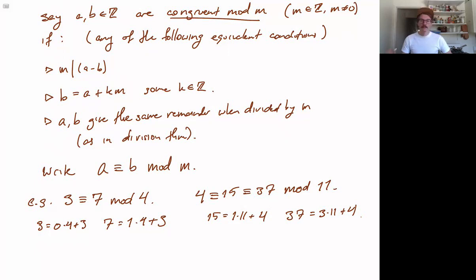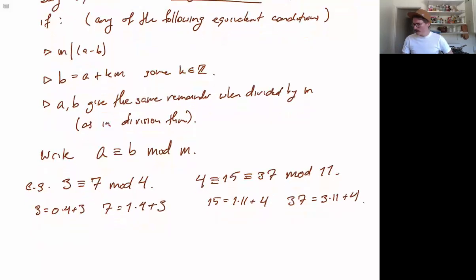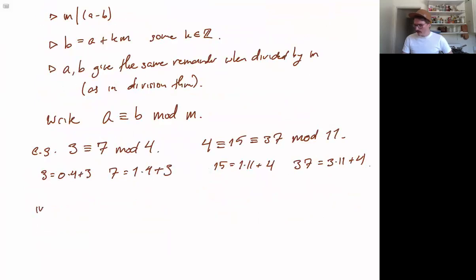So that's actually an important example that I want to point out. In the division theorem, which of course is very much coming from this third way of saying the definition, we have an equation like this.